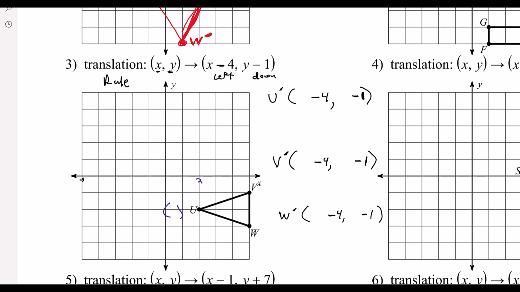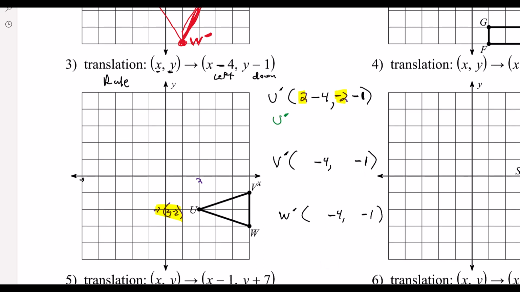So this is 2, that's -2, so 2, -2. So 2, -2 goes right there. And then we're going to go ahead and simplify.